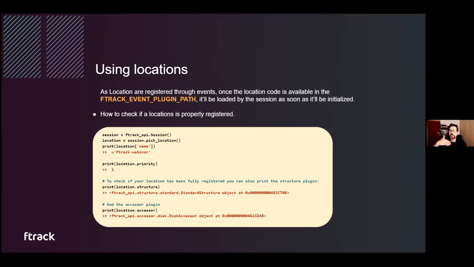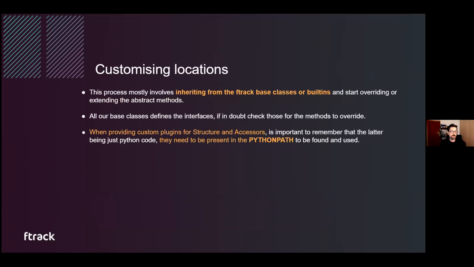You try to import from within your DCC application code, and you're sure that your location is properly loaded. So how to customize a location? Of course, when we think about customizing a location, it's mostly an overriding game.